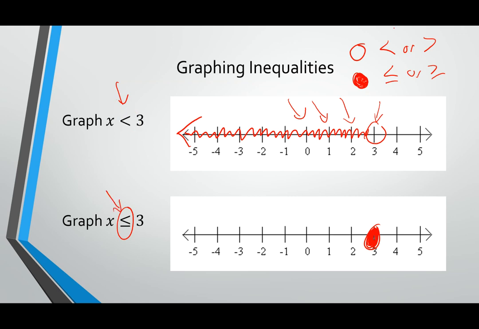But now this one, we are including 3 because it's less than or equal to. So we do shade it in. And of course, everything less than 3 also gets shaded in. So we'll shade in everything to the left-hand side and draw an arrow to indicate that we would go the rest of the way. All those numbers would fit that inequality, including the value 3.